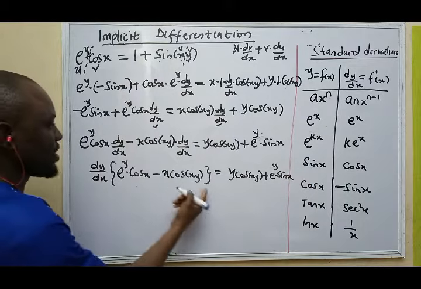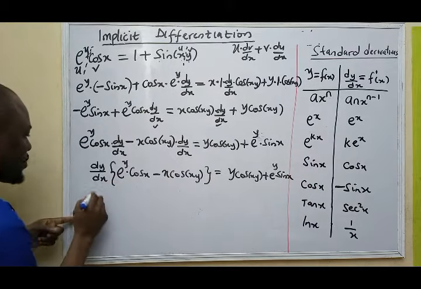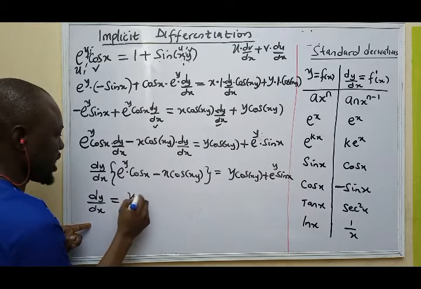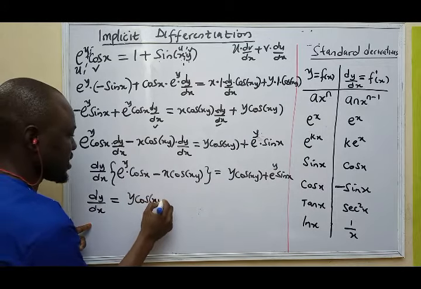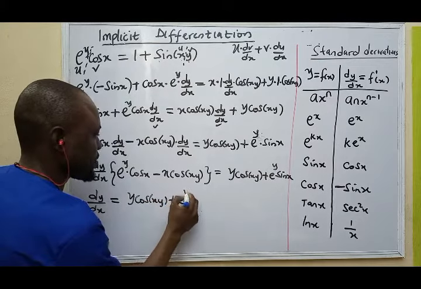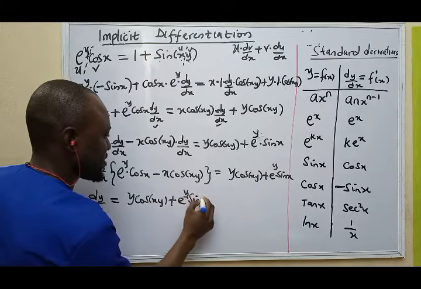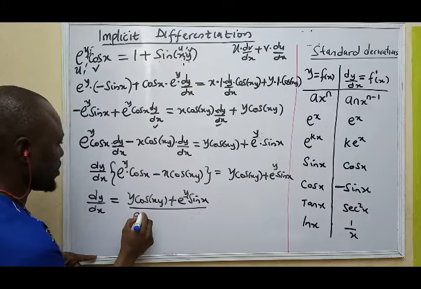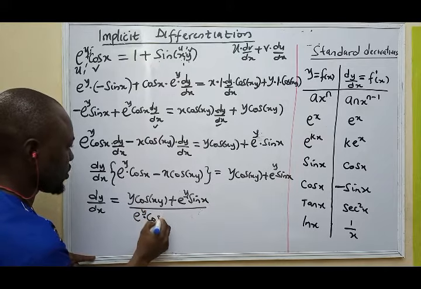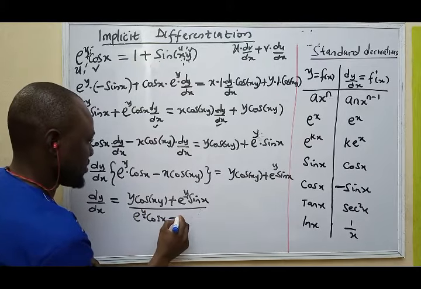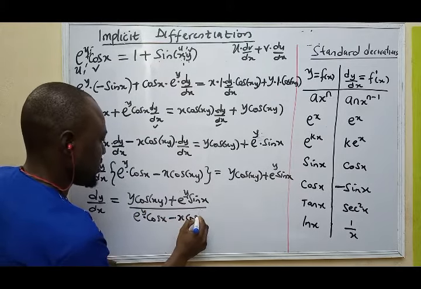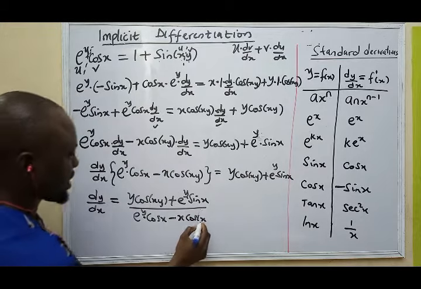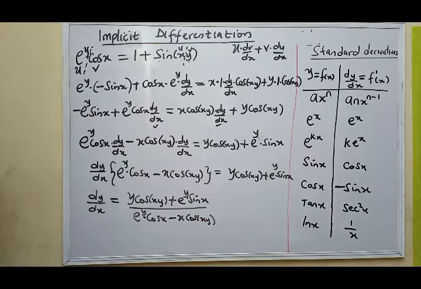Therefore, I'm going to divide through by this, so dy/dx will be y cos xy plus e^y sine x, divided by e^y cos x minus x cos xy. So that's pretty simple.